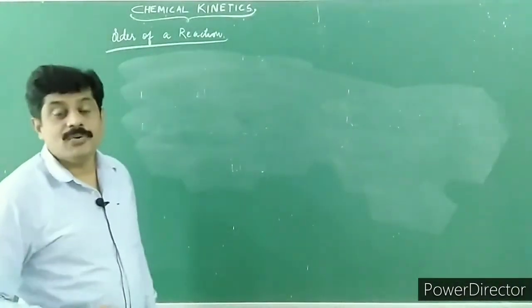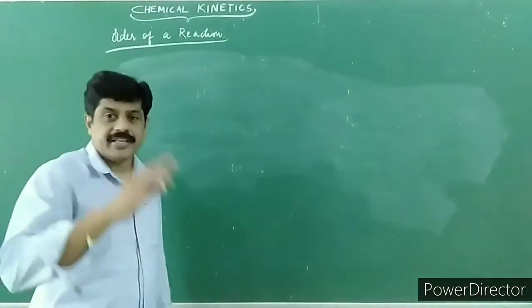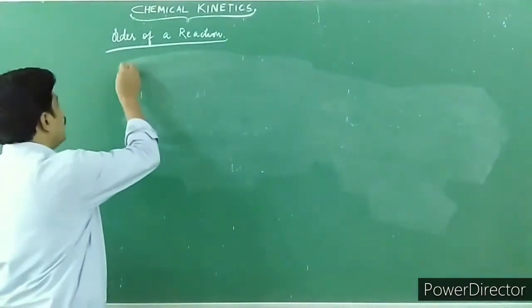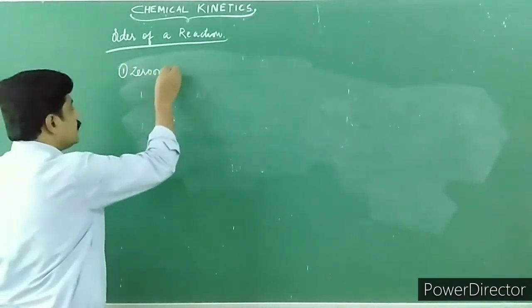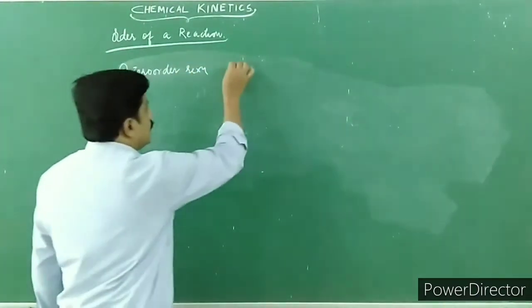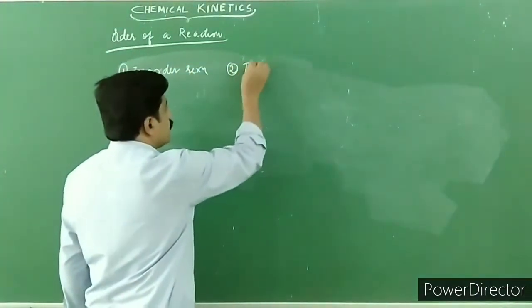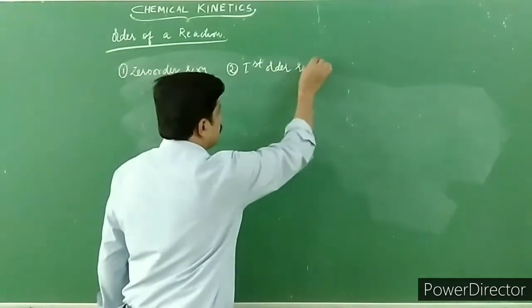Children, based on the value of a numerical coefficient, you can classify order of reaction into various types. Let me quote. Number 1, zero order reaction. Number 2, first order reaction.